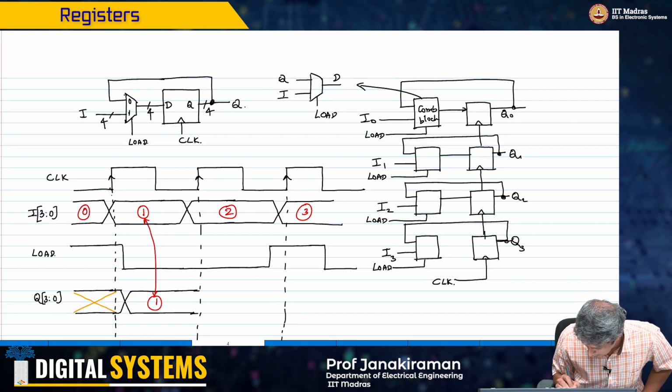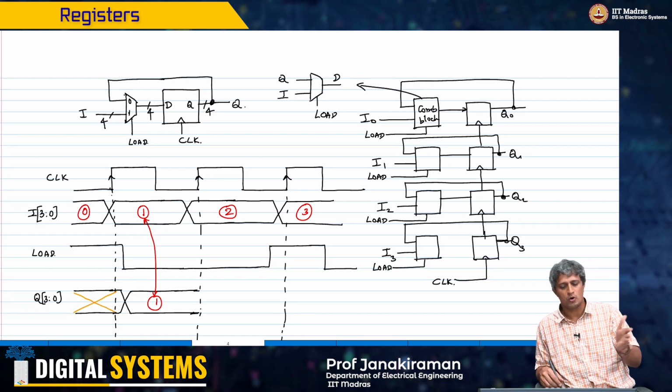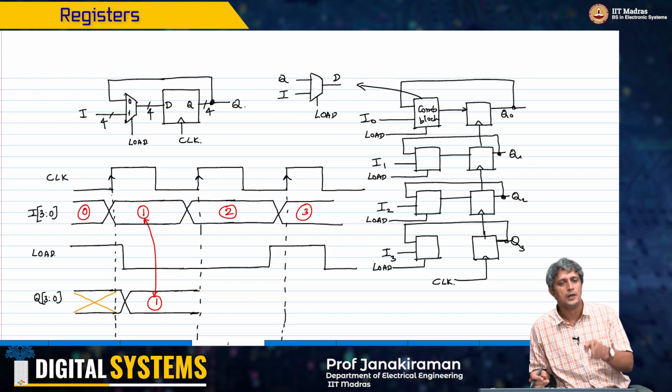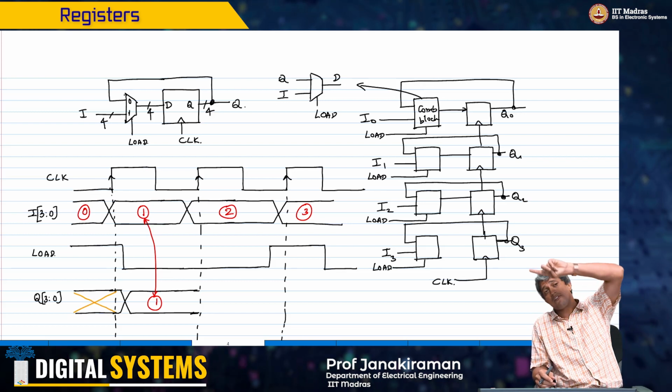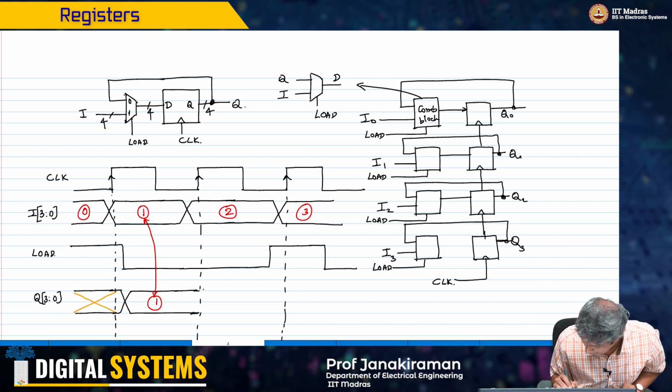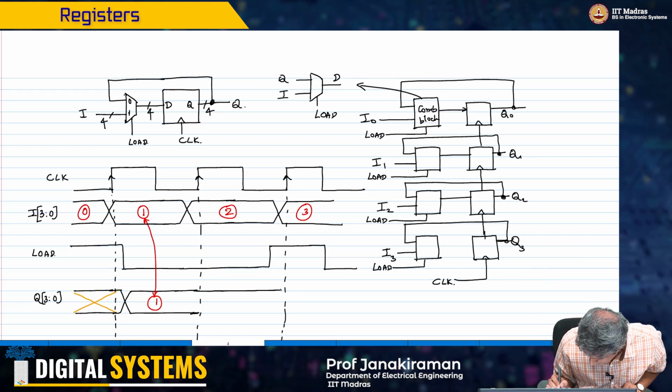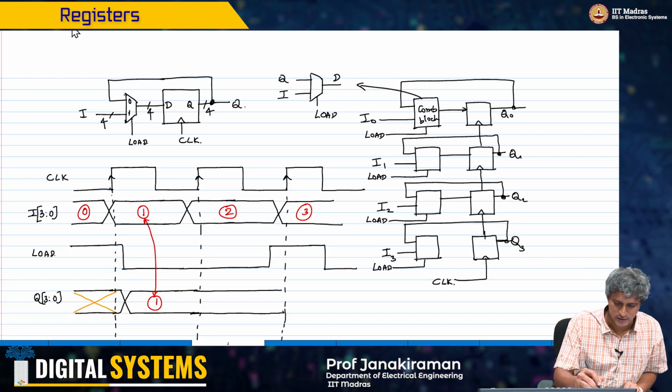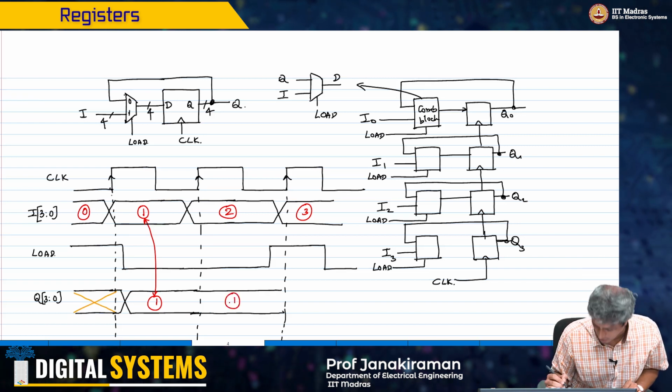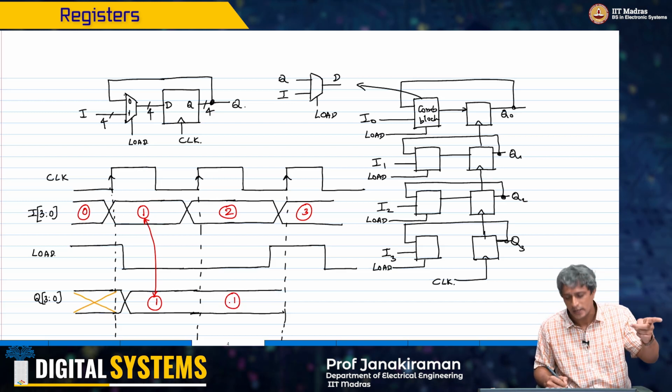That's the only time that something can change. So you come to the next sampling edge, load is 0 at this point, right? And therefore whatever the value of Q was, it will continue to remain like this. There is no change. Okay, this I will explicitly write in this clock cycle, this is still in state 1.